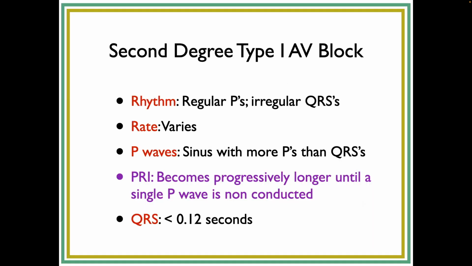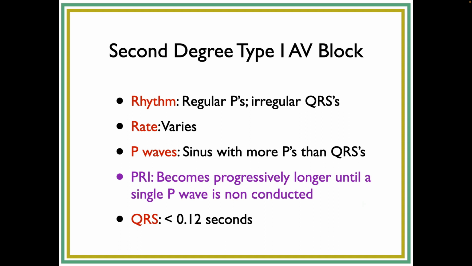Okay, so here's our little summary guide. Rhythm: regular P's, irregular QRS complexes, because remember, when that one gets blocked, you have a pause in the QRS pattern. The rate is whatever it is. The P waves march out evenly and they're sinus, and there's always more P's than QRS complexes because we always have that single non-conducted P at the end of our little pattern.